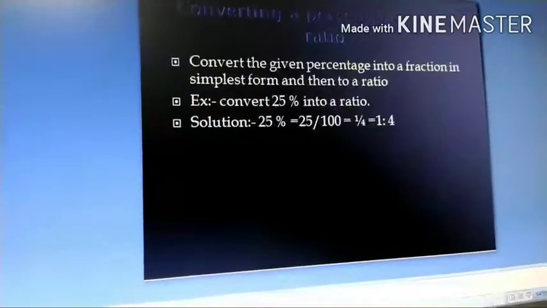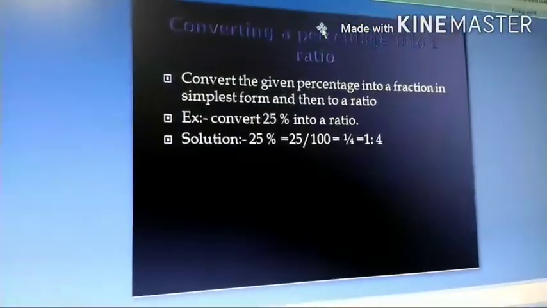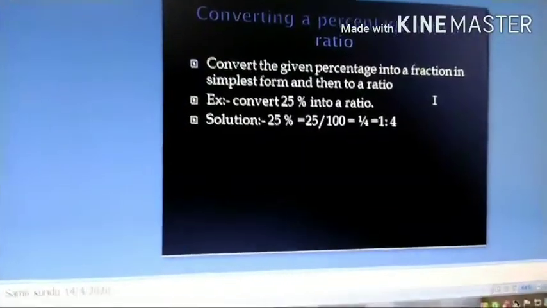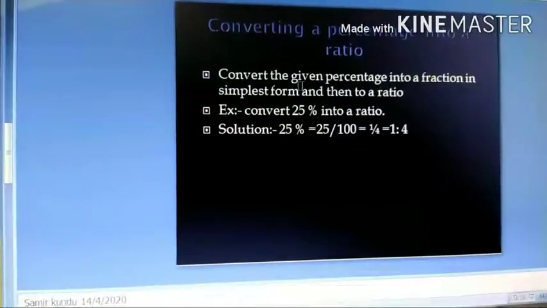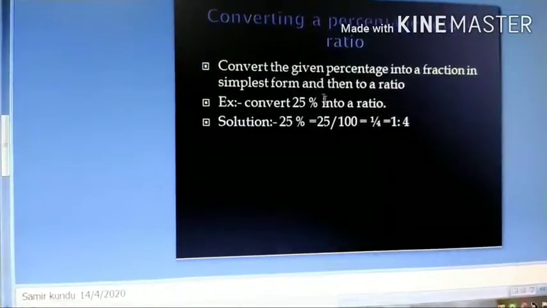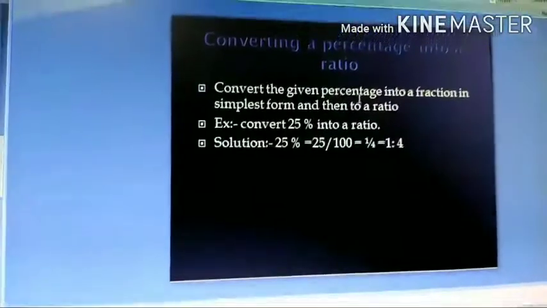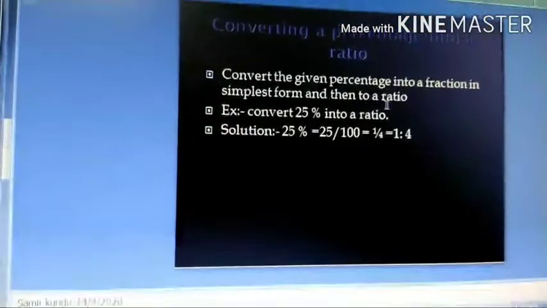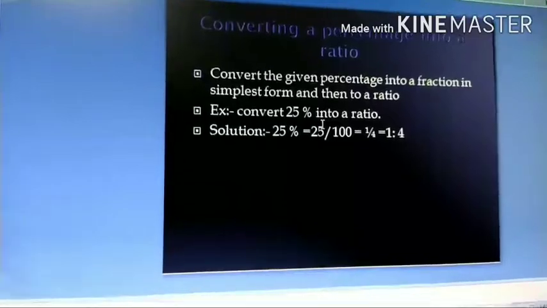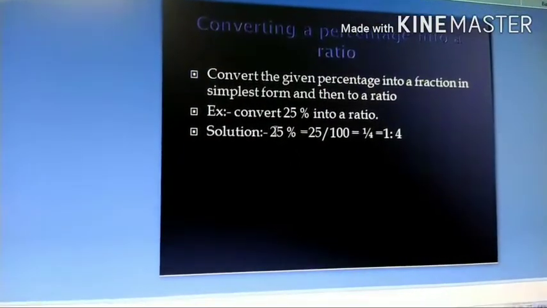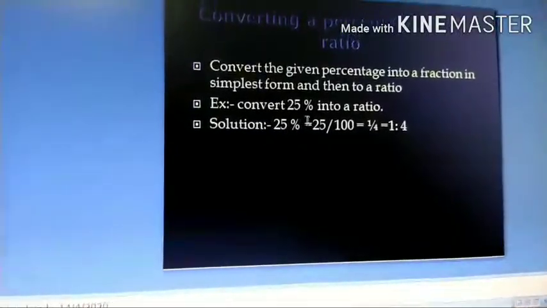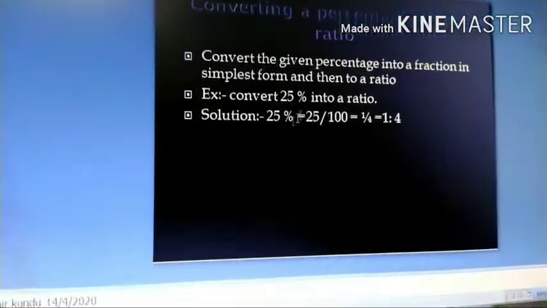Now we discuss converting a percentage into a ratio. In the same way, first you convert the given percentage into a fraction in simplest form, and then write it in ratio form. For example, convert 25% into a ratio. 25% you have to multiply by 1 by 100.